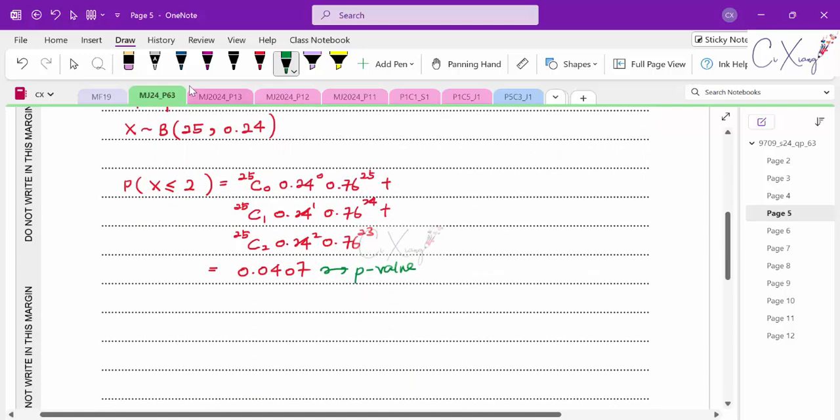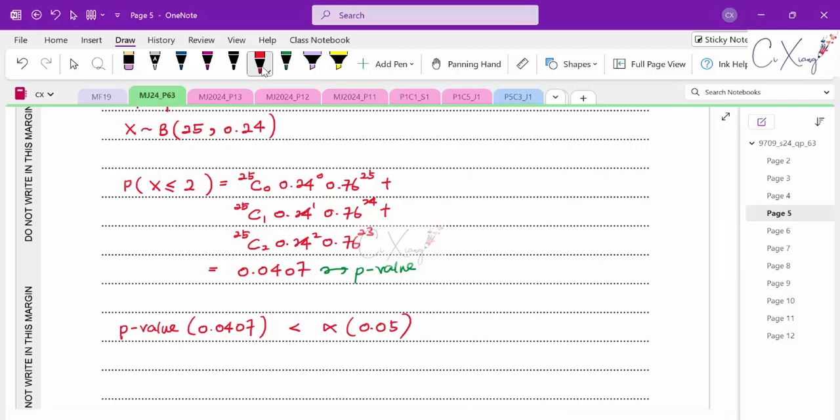Right? Okay. And after that, when we want to make any decision or conclusion about this test, we are going to compare the p-value with alpha, the significance level. So the p-value is 0.0407. And if you compare, it is smaller than alpha, which is 0.05. Okay, so that means the area is smaller.